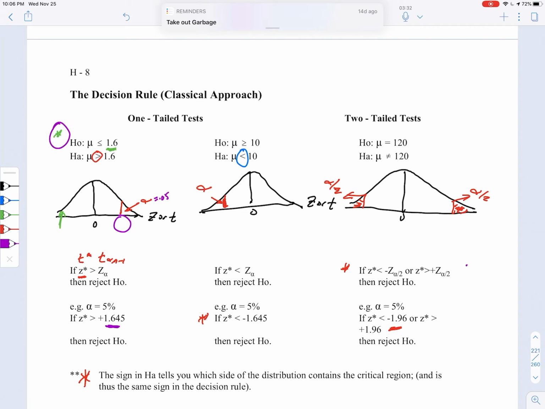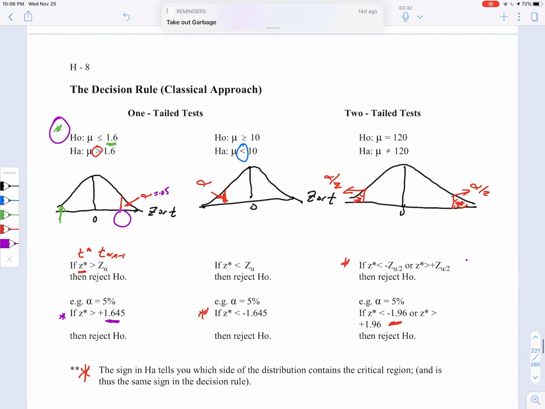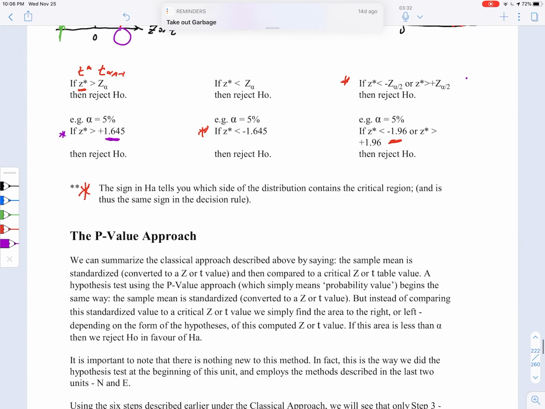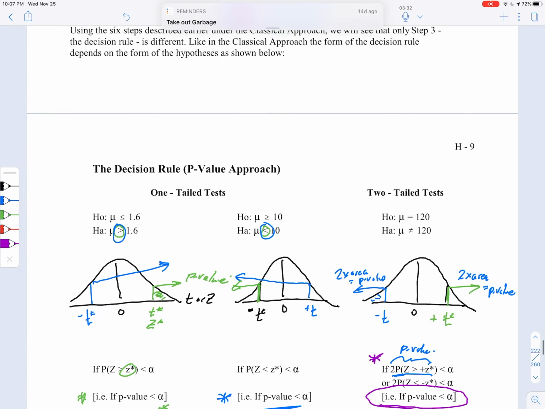Then if our T star turns out to be greater than 1.645, we would reject H0. By the way, I know down here it says Z star, but we had 143 degrees of freedom, so the T distribution and the Z distribution are virtually the same at that point.